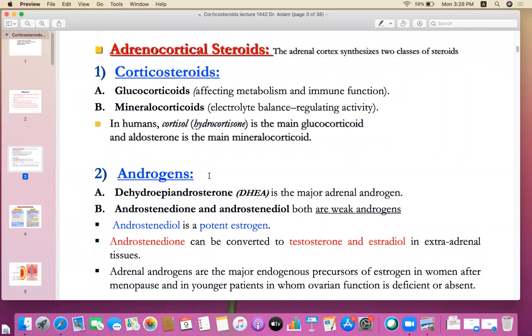So we cannot say it is available only in males. But we can say the quantity of androgen in males is higher as compared to women.